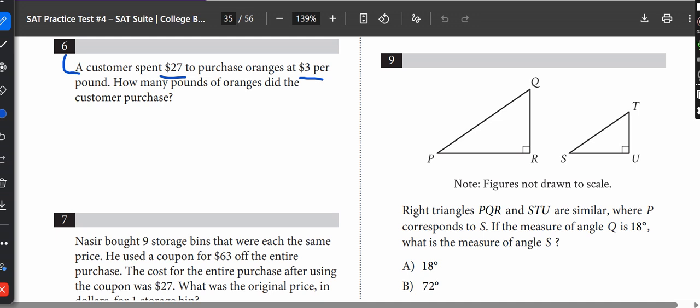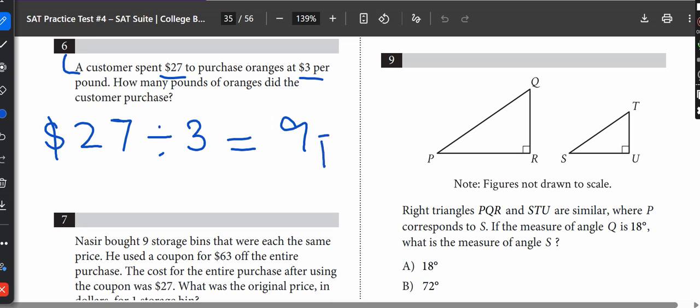It is very easy. He spent a total of 27, and it is 3 per pound. 3 per pound will tell you how many pounds he bought. 27 divided by 3 is 9. 9 pounds of oranges the customer has purchased.